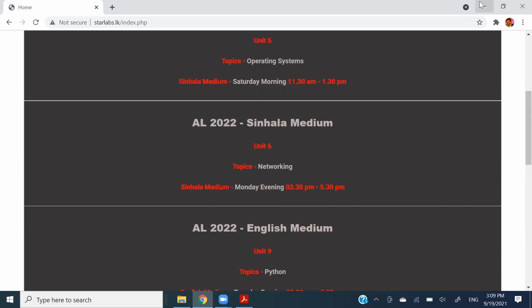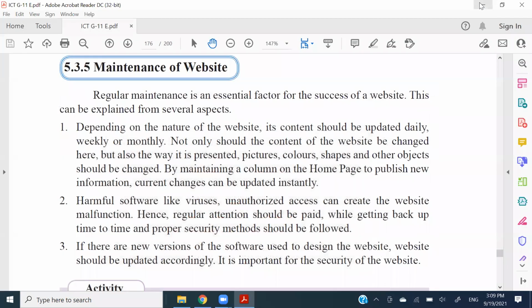But if you think about an e-commerce website, that of course needs to be updated according to the products that you have, right? As an example, if you take eBay, if some product goes out of stock, that should be updated on the website.